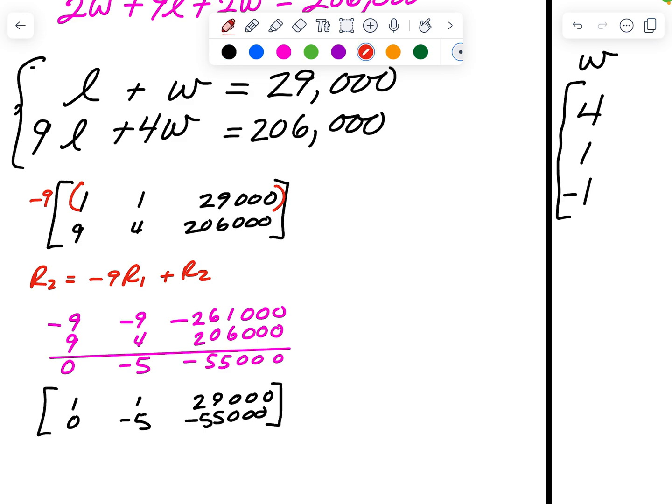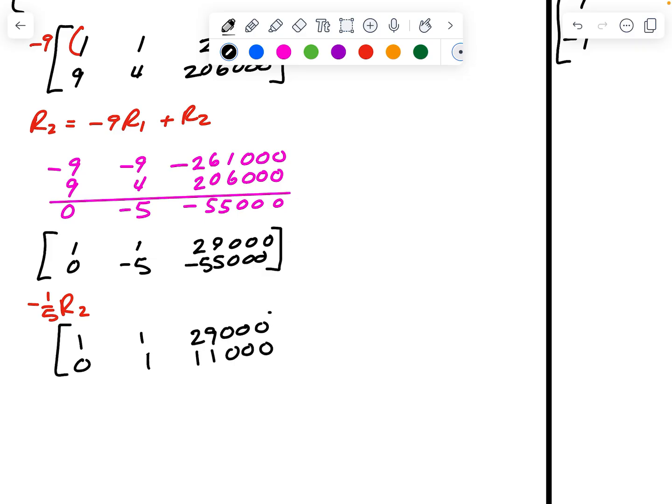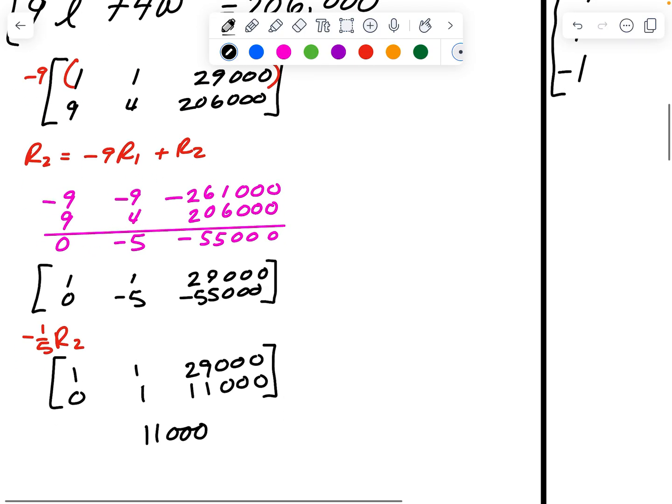Then if I take negative 1/5 of row 2, 1, 1, 29, 1, 2, 3, 0, 1, and 11, 1, 2, 3. So there is 11,000 is the width.